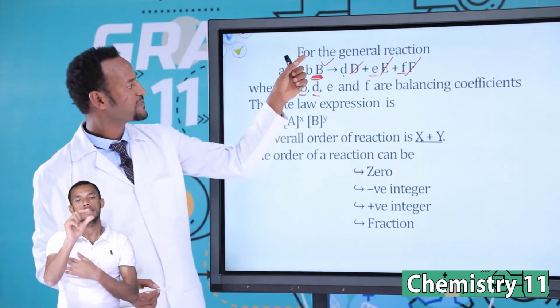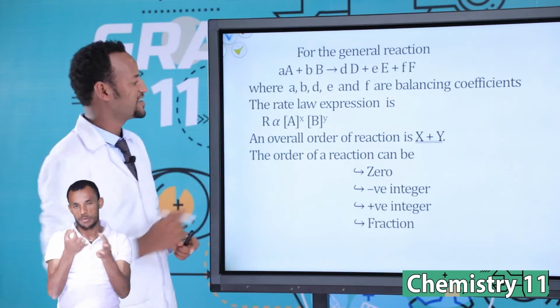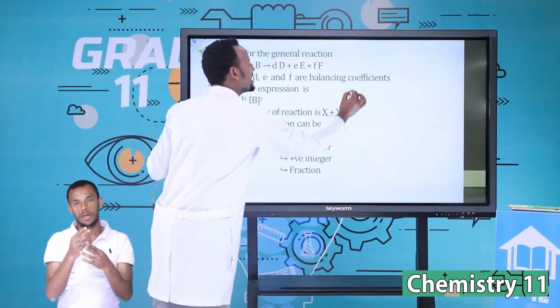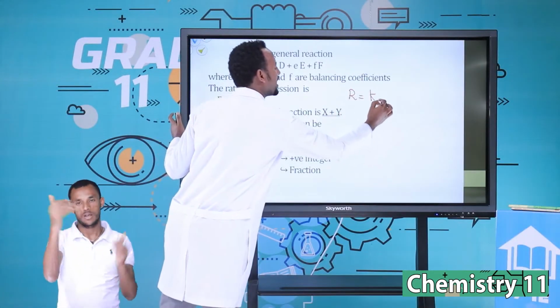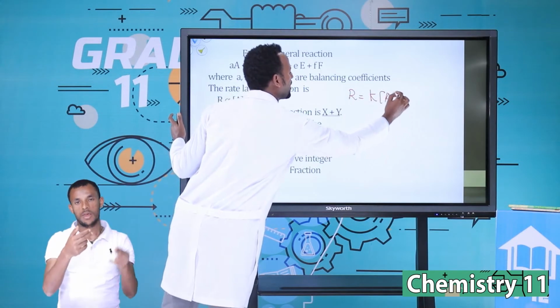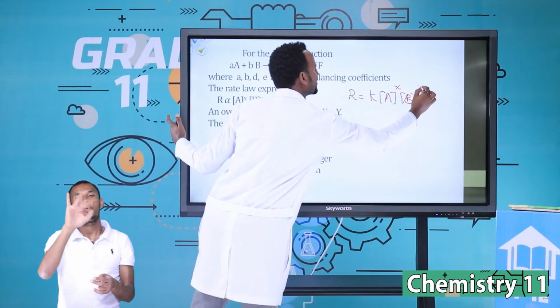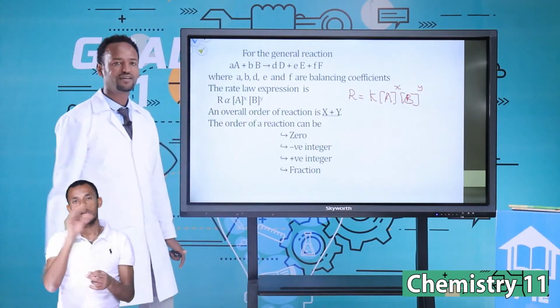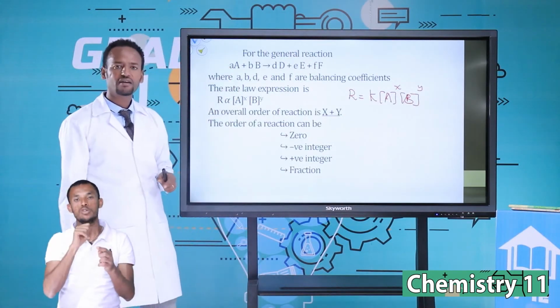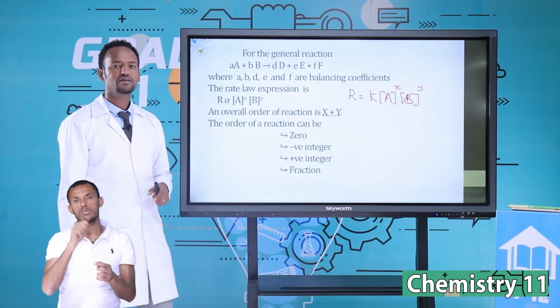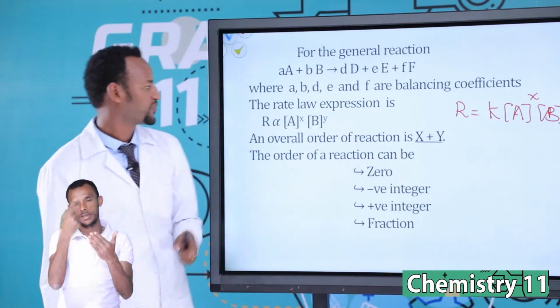The rate law expression for this reaction is rate equals K times A to the power of X, B to the power of Y. But X is not small a, Y is not small b. This is simply the rate expression.